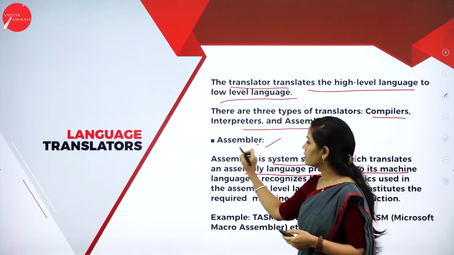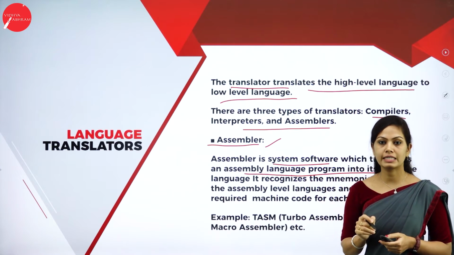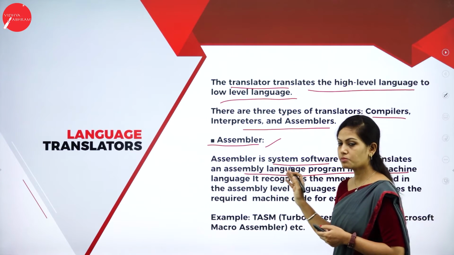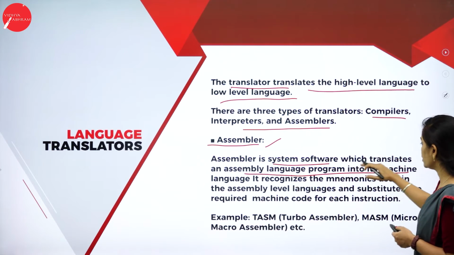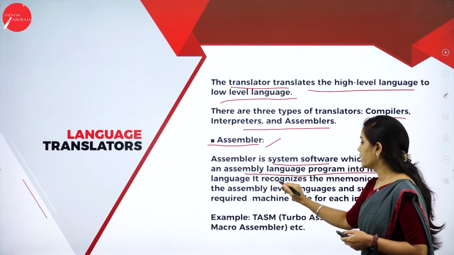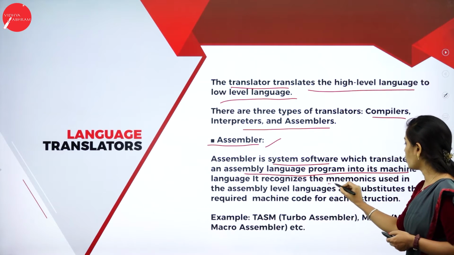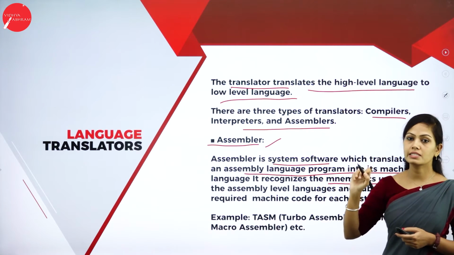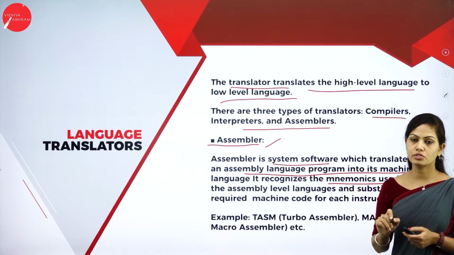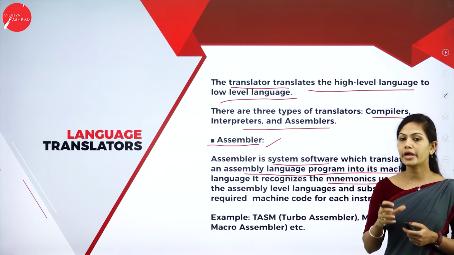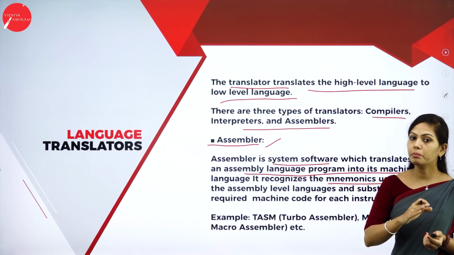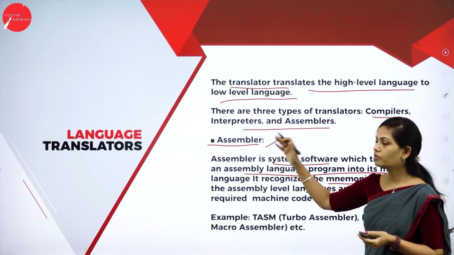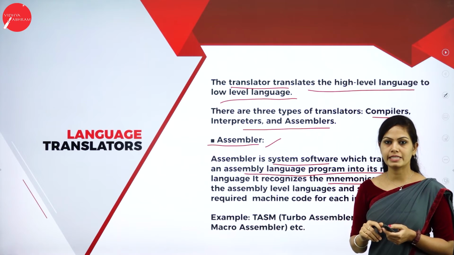So we require a language translator called an assembler. An assembler recognizes the mnemonics used in the assembly level language. The mnemonics we write in assembly level language have to be converted into machine readable language with the help of the assembler, the language translator.